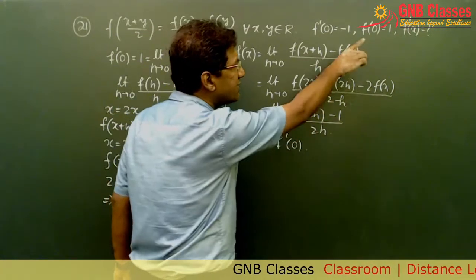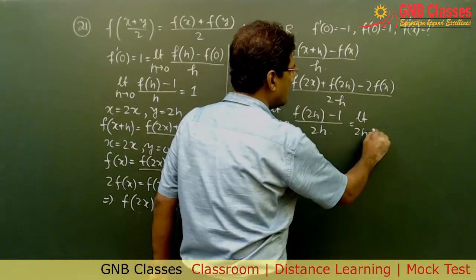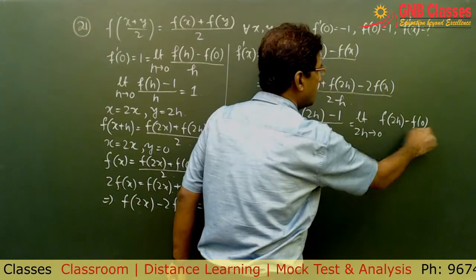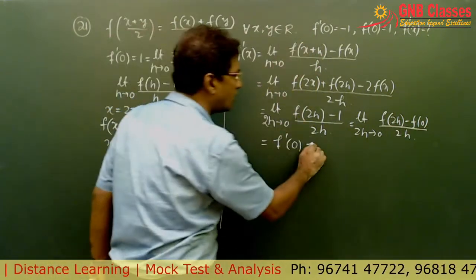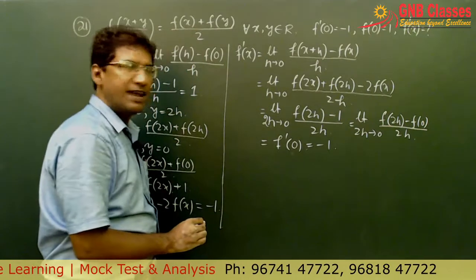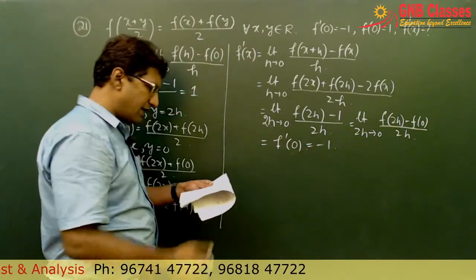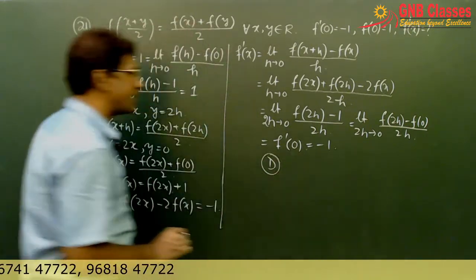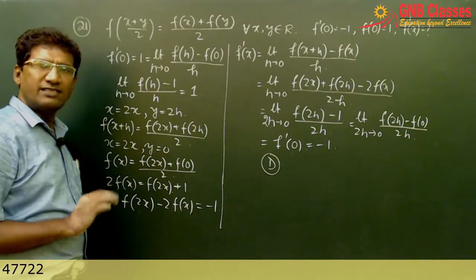Because 1 is nothing but f of 0, you can write it this way: f of 2h minus f of 0 divided by 2h, which is nothing but your f dash 0, which is nothing but minus 1. Is it clear? Therefore, f dash x is nothing but minus 1. Your option D is correct for question number 21. Is it clear to all of you?